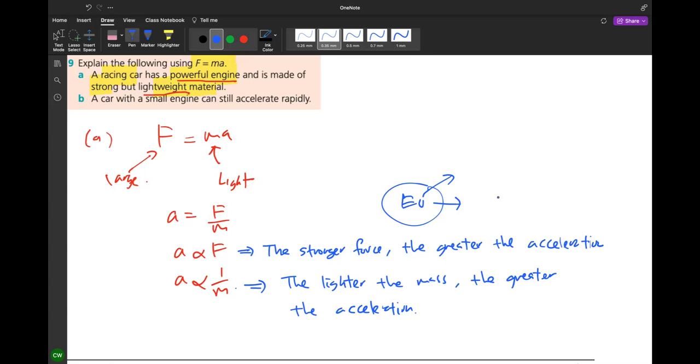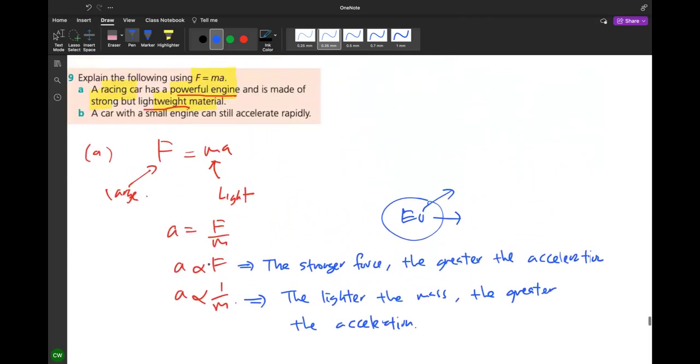Basically like that. That means it either depends on the force or depends on the mass. Depend on the force or depend on the mass. Any question?